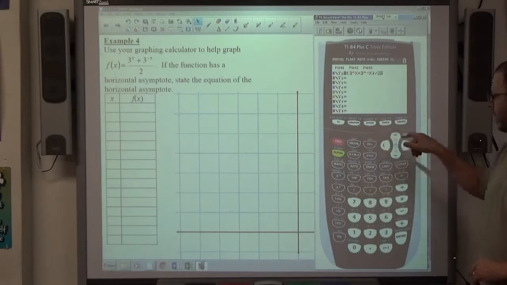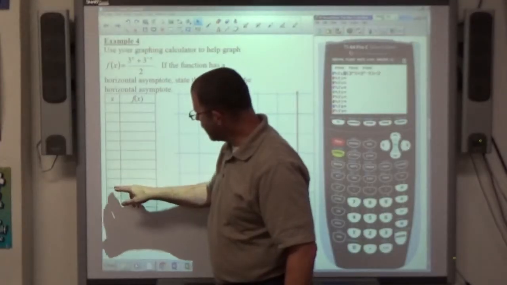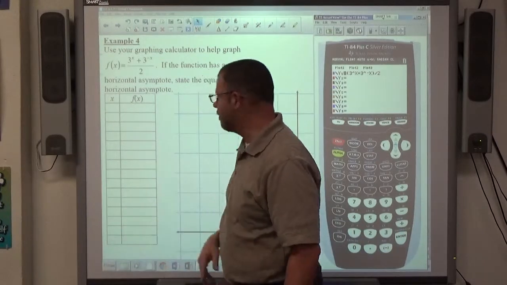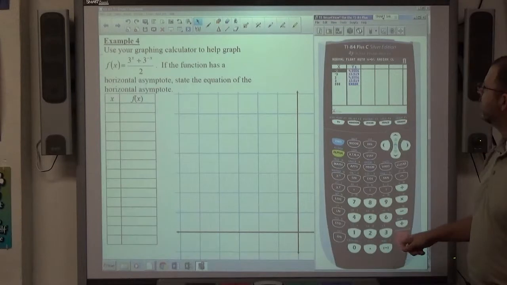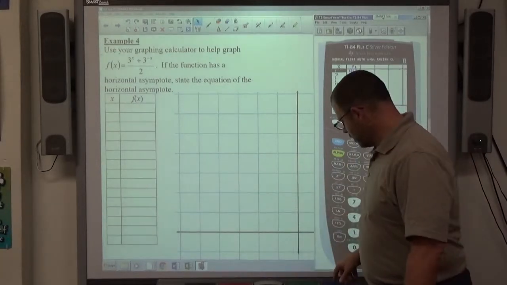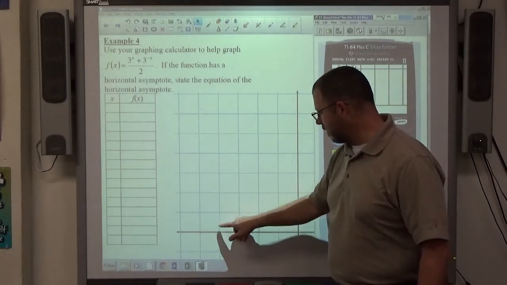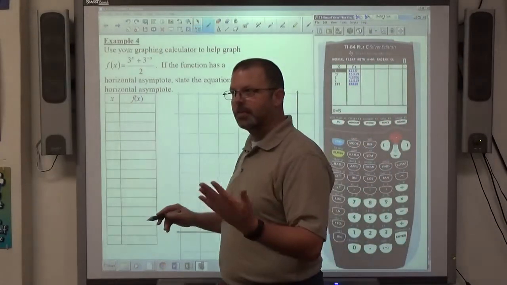As far as numbers I'm picking, I've got 15 spaces. I'm just going to pick a big number. I'm going to pick 5 just to see what happens. 5 is ridiculous. I don't want to pick 5. So let's go to like a 0.5 scale here. I need to go positive, negative 3 from 0.